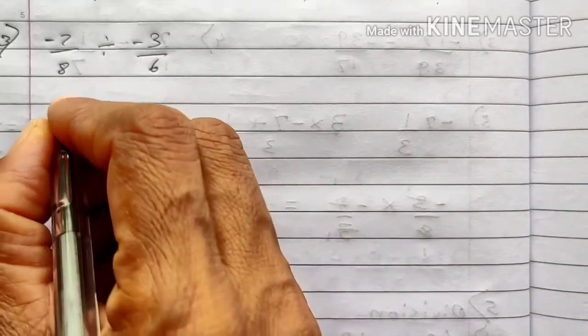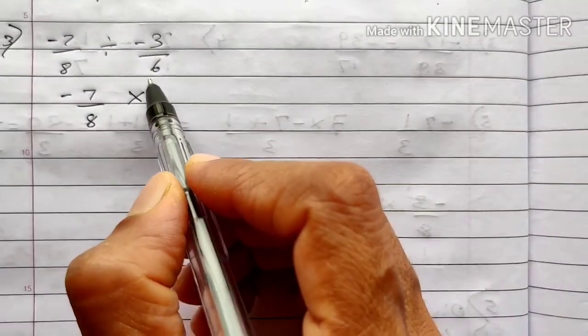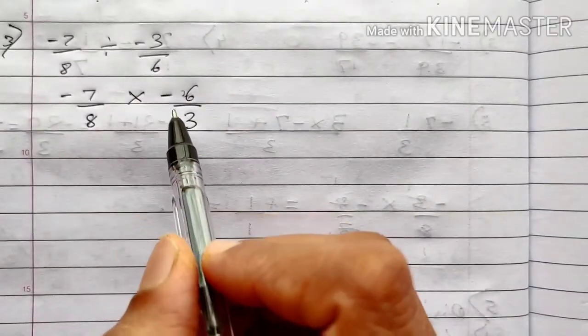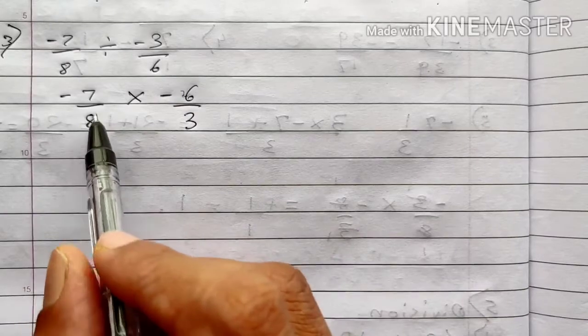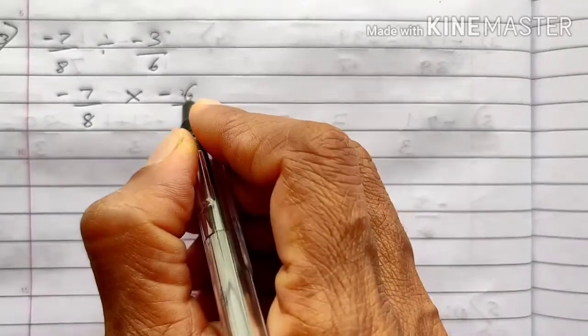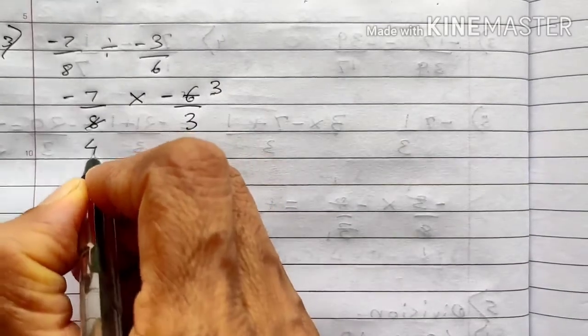Okay, the next sum. So you have minus 7 upon 8. Convert the division into multiplication sign. So you have multiplied by minus 3 upon 6. Take the multiplicative inverse. So you get minus 6 upon 3. The minus sign remains as it is. Okay, so let's see if there are any common multiples. You have 2 3s are 6, 2 4s are 8.